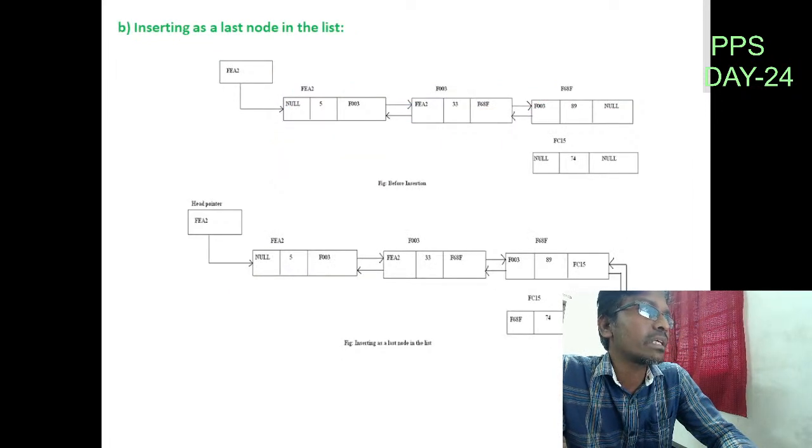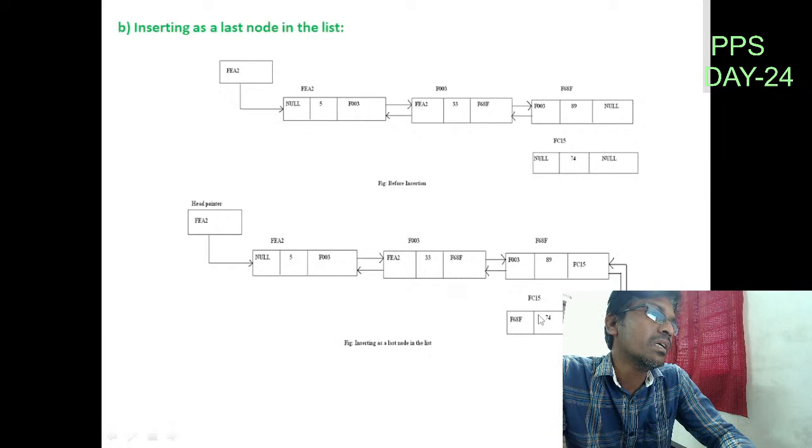For inserting at the last node, you travel from the first node to the second node to the third node, and after reaching the last node, you have to store the address of the newly created node into the previous address field.